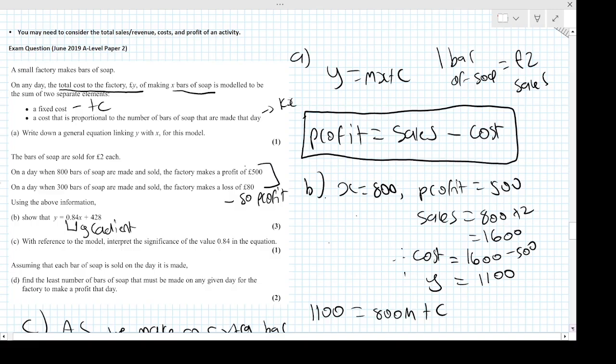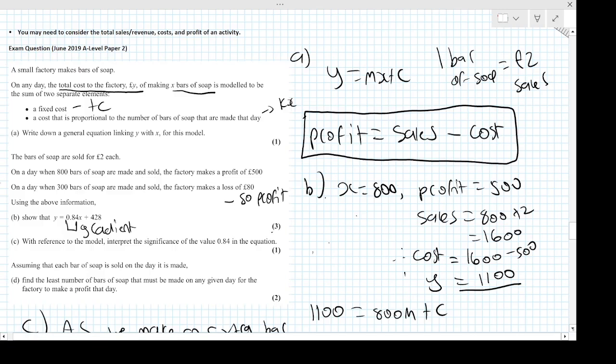So, for example, we can use these two sentences, when x is 800, the cost is 1100, and then we could substitute that into this equation to find the missing values m and c to complete our model. It's the same sort of idea of finding missing values to substitute into your equation to work some out, okay?